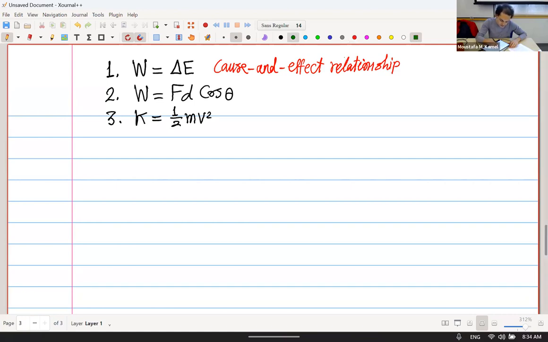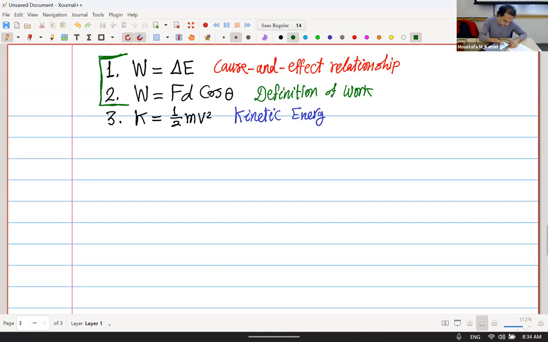This part is definition of work. And this part is kinetic energy. We will use the first two equations in all derivations today. So potential energy.